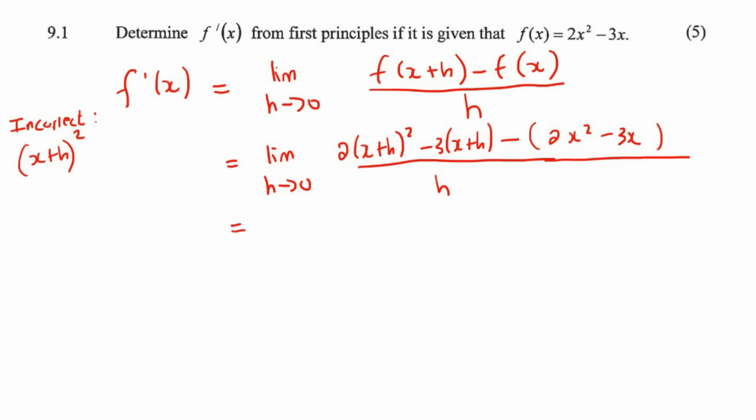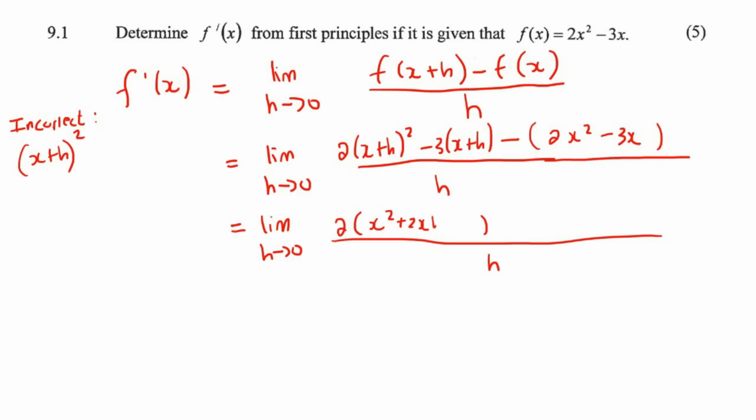Okay, so I'm going to do that for us now. So what we have is a 2, and then I'm going to multiply those two brackets out, which would eventually give us the following. Then I'm going to put the minus 3 in, and then I'm going to multiply this minus into this bracket.